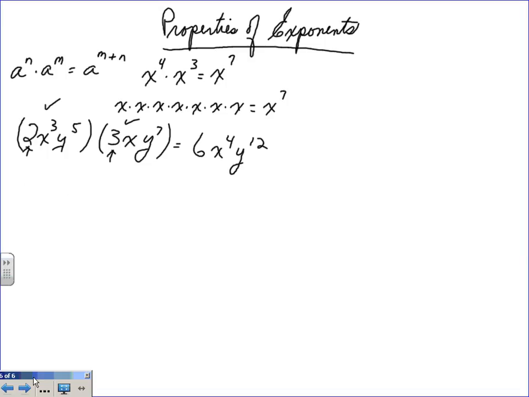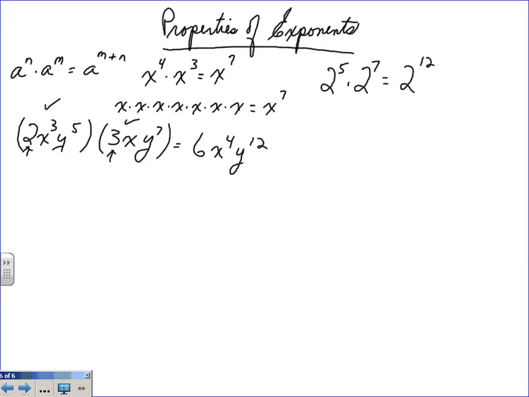Do you have any questions so far on this? Any other questions? Okay. If I had 2 to the 5th times 2 to the 7th, we get 2 to the 12th.